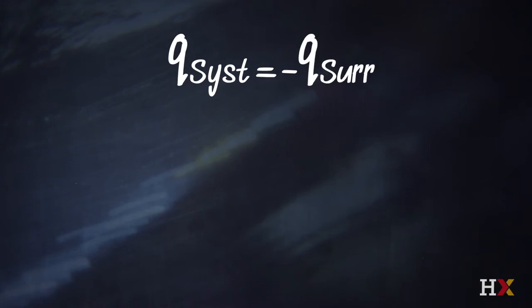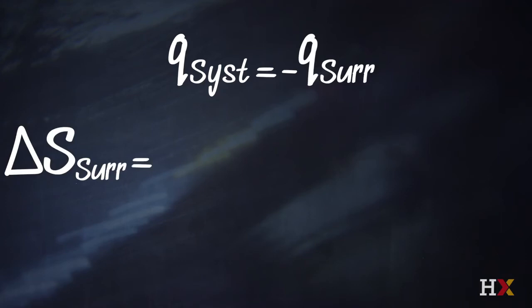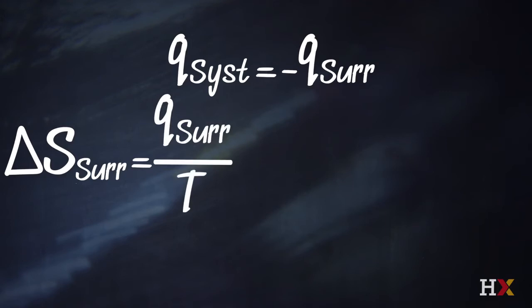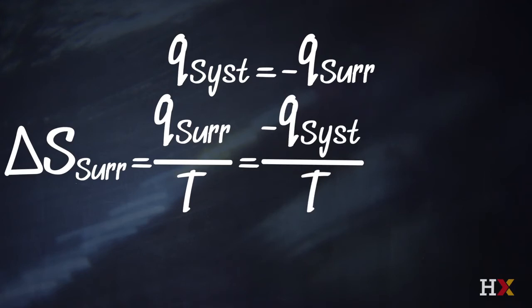And we can then write the fact that delta S of the surroundings is equal to the heat that enters the surroundings divided by the temperature at which that heat was exchanged. But because the heat entering the surroundings is equal but opposite in magnitude to that leaving the system, we write this as minus Q of the system, again divided by the temperature.